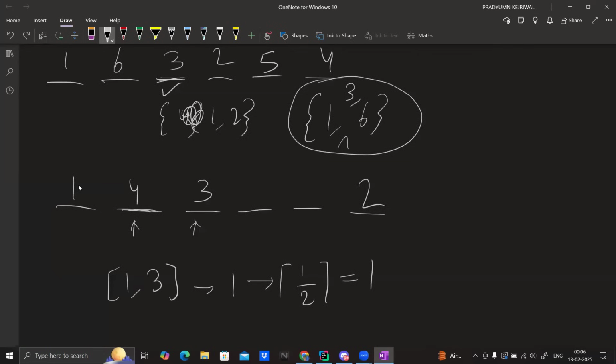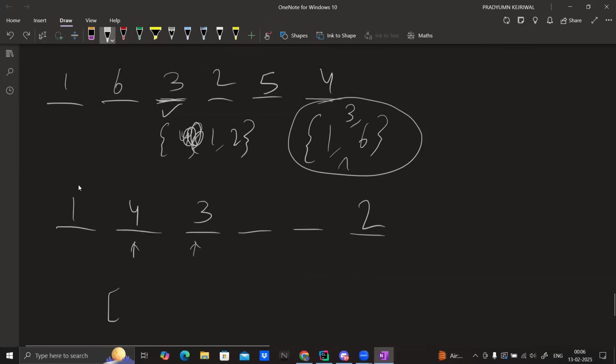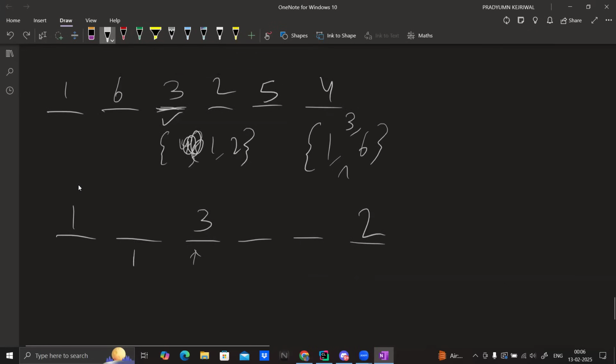Now I checked what was the maximum distance he could have sat at. Basically he had two options: one option was to sit here at the index 2, and the other was to sit here, either here or here, in this segment. But he chose to sit here, and the distance was the ceiling of 1 upon 2.